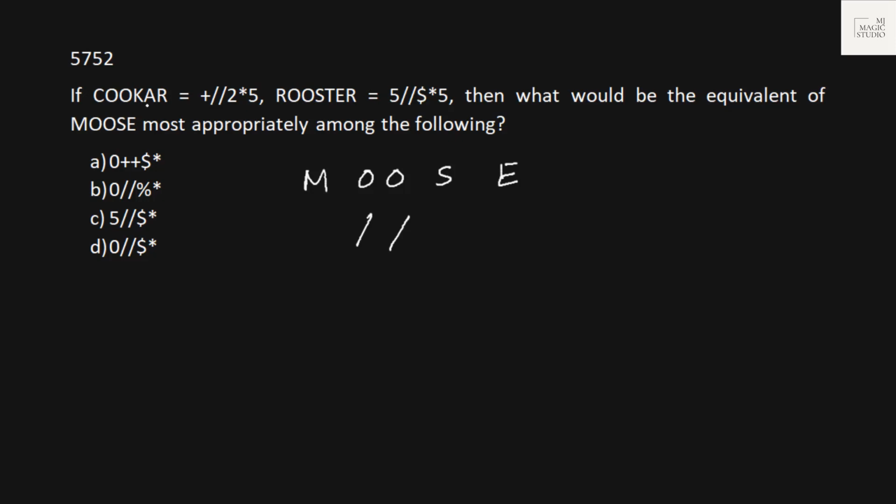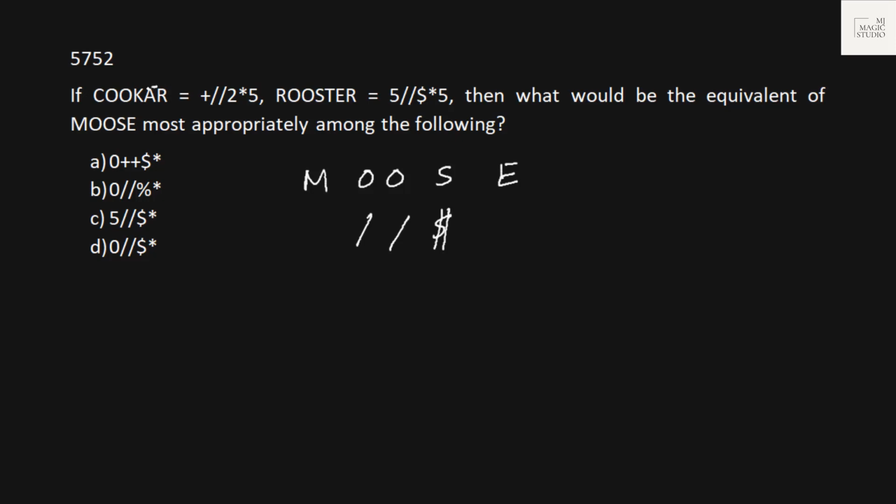S is dollar sign. Here it is not there. S is dollar. E is asterisk. But what should be for M? We should have backslash, backslash, and dollar sign. This should be E.